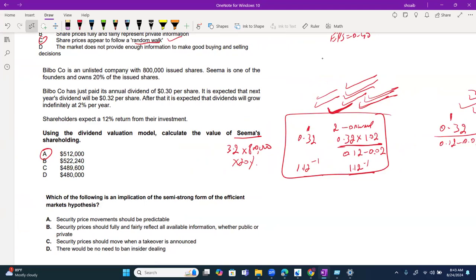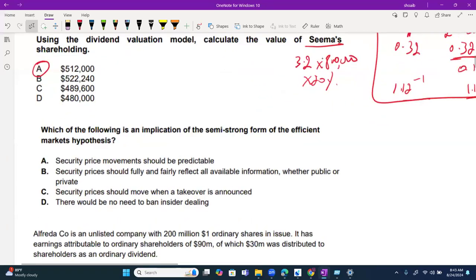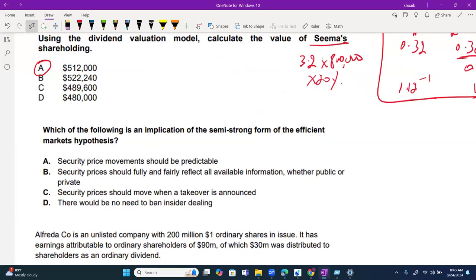Okay. Which of the following is an implication of the semi-strong form of the efficient market hypothesis? Security price movements should be predictable. It's not possible. If share prices are predictable, everyone can earn a profit.